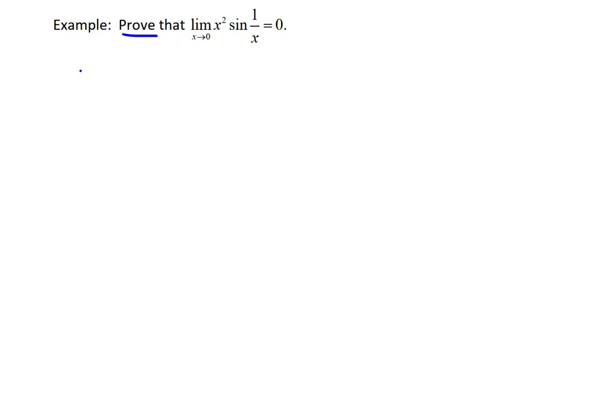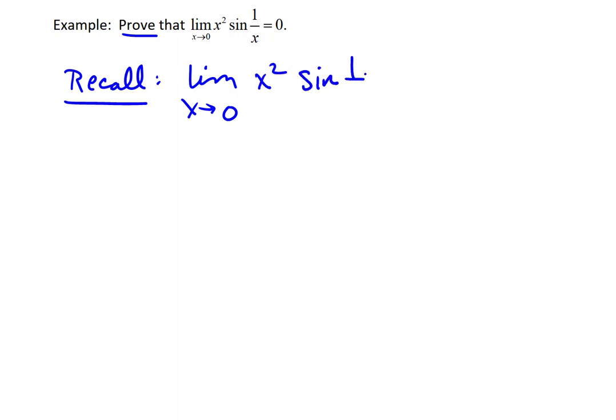Now, first of all, let's recall that given the limit laws we already know, we could say that the limit as x approaches 0 of x squared times the sine of 1 over x equals, okay, think back to a previous video where we did limit laws. Isn't this a product of functions here? This is x squared times the sine of 1 over x, right?